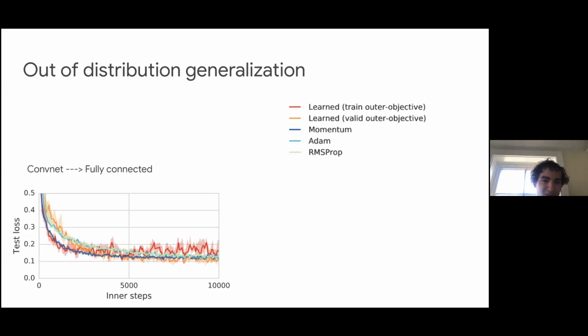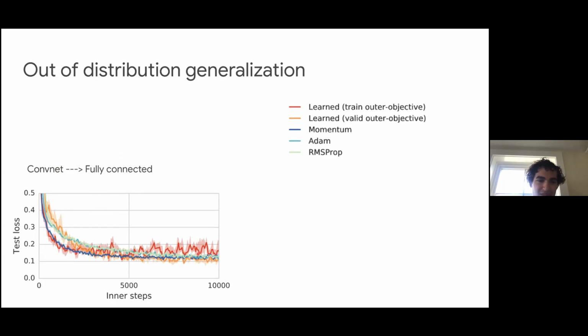So we can take our past optimizer and see how far we have to go, right? The previous optimizer can be applied to whatever we want, but it might not necessarily work very well. So we can test how it works on a couple problems. First, we try transferring from a ConvNet where it was trained to a fully connected network. And we see meh performance. It kind of works, kind of optimizes, but nothing to write home about.